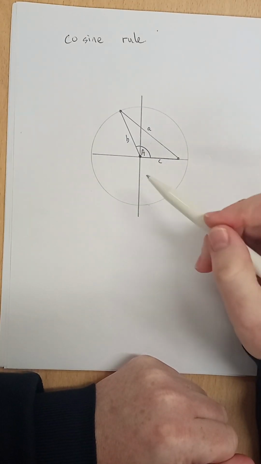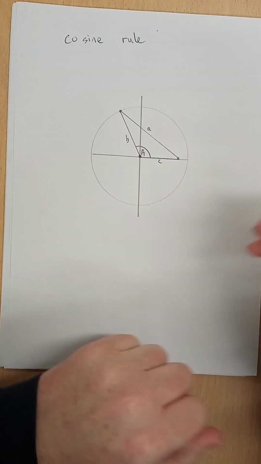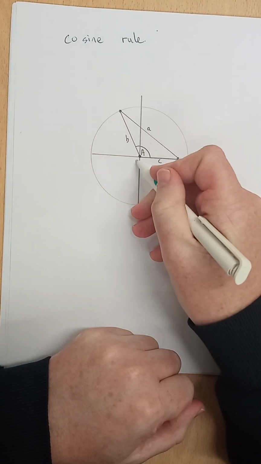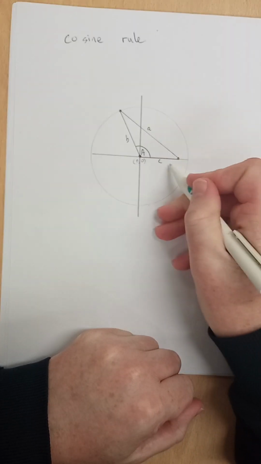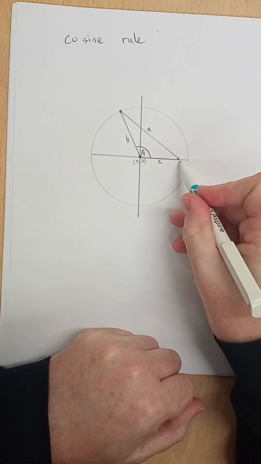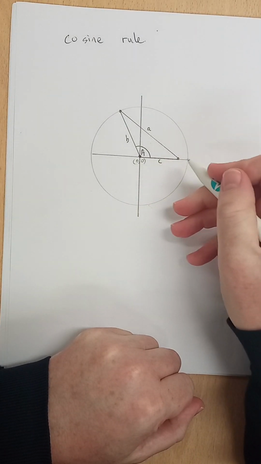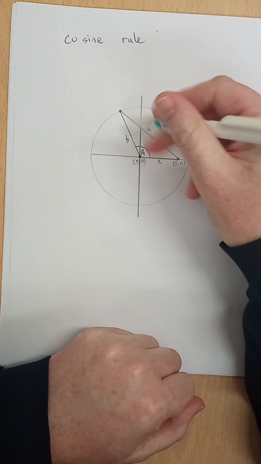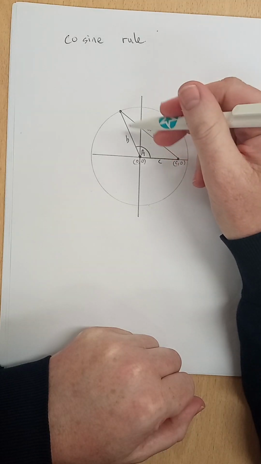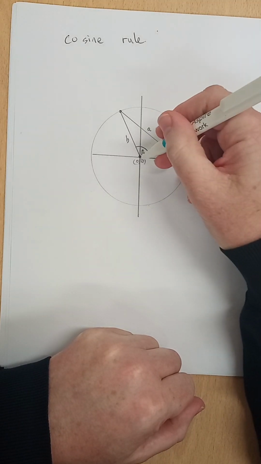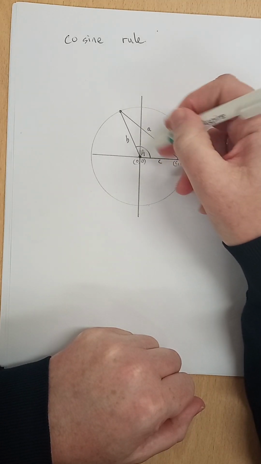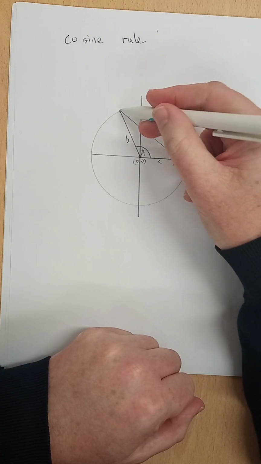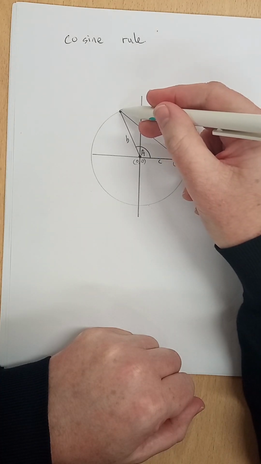I am going to show you the coordinates of these points. This point here has a coordinate of (0, 0). This point has a distance of c away, so it has a coordinate of (c, 0). And this one is a very important one. From the unit circle, we can get this coordinate in terms of sine and cosine.